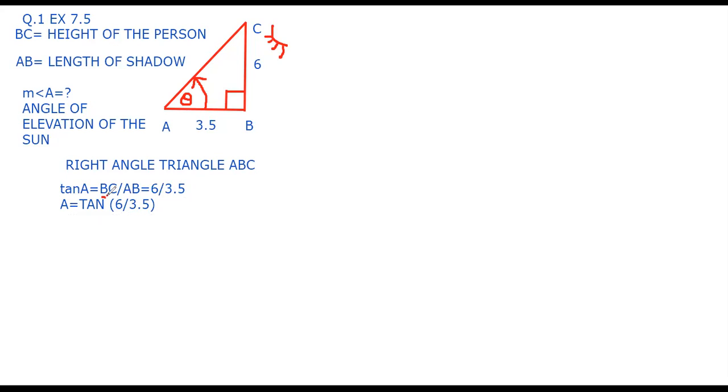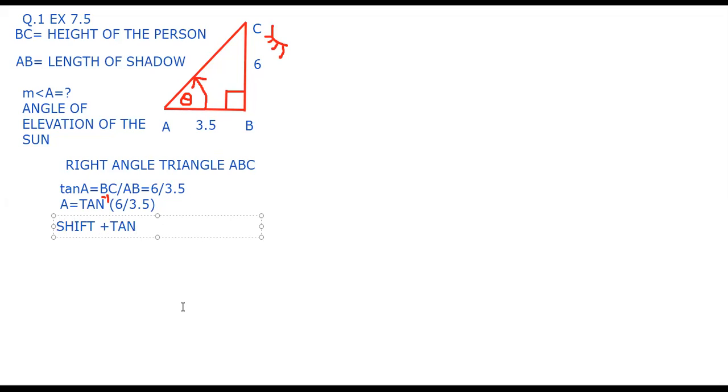This is tan inverse. To operate tan inverse on the calculator, you have to first press the shift key, and then press tan, and it will automatically generate tan inverse.